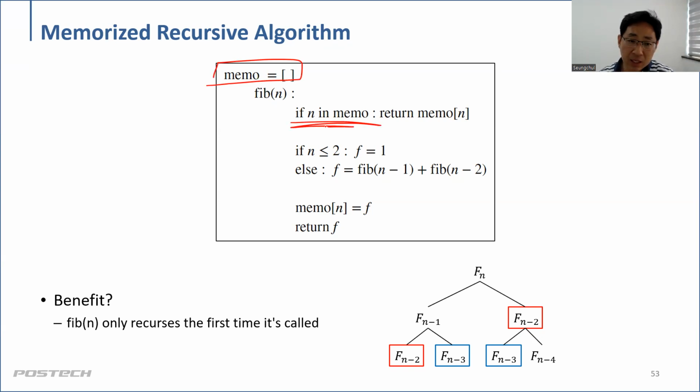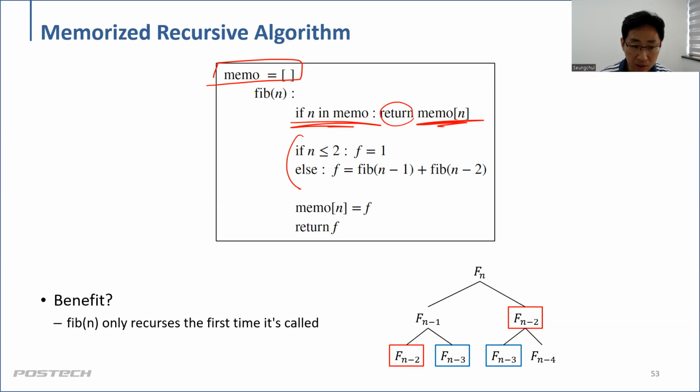So a better way is to assign some kind of memo or memory. If n is in memo, that means you already did the computation, so you don't have to compute it. In that case, return the value from memory. If not, then do the computation in the recursive way.